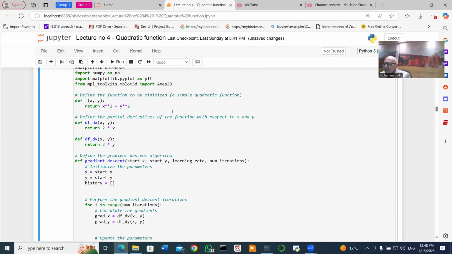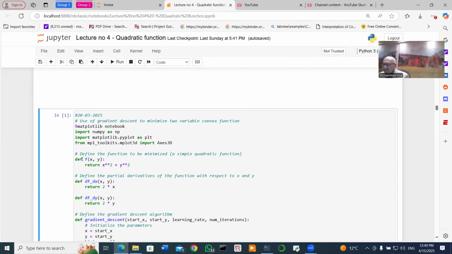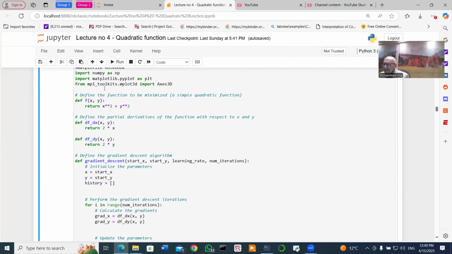So first of all, you need to import the libraries, the functions, or the modules which you are supposed to need for the program. Secondly, you have to define the function which you are going to optimize. When working with gradient descent, we need to define the expression of the partial derivatives by the variables x and y if we have only 2 variables.